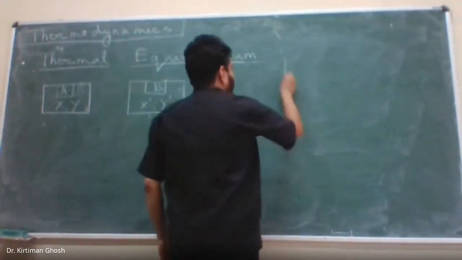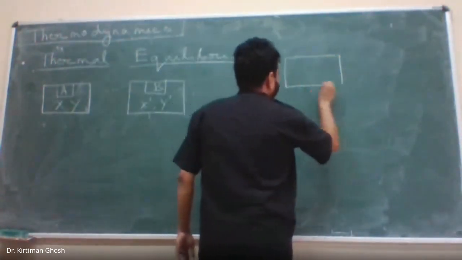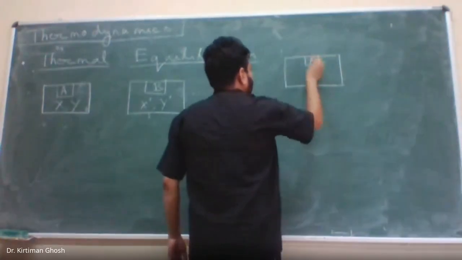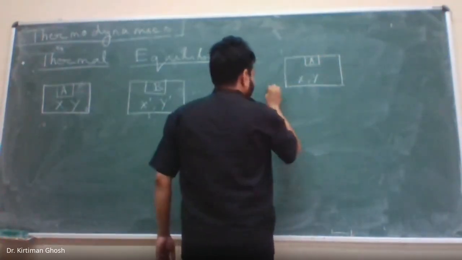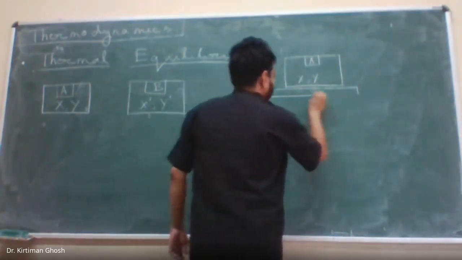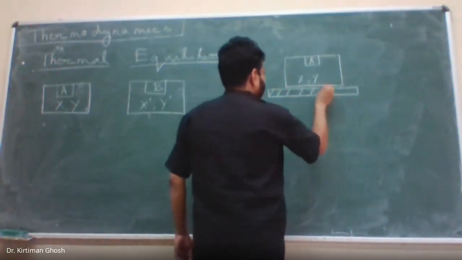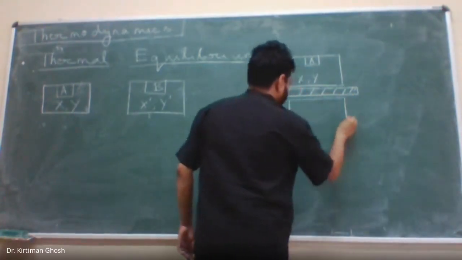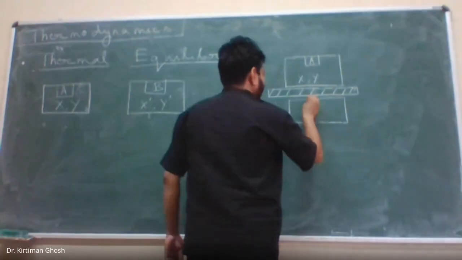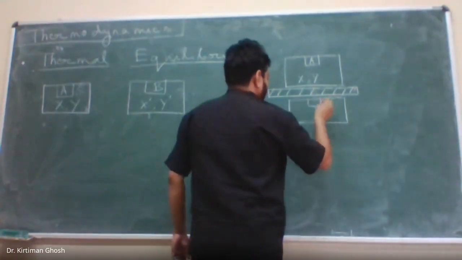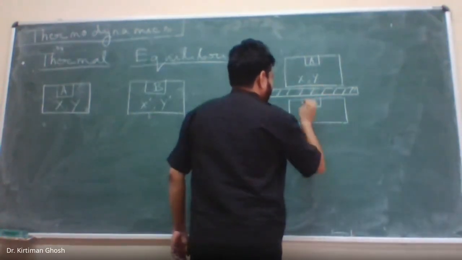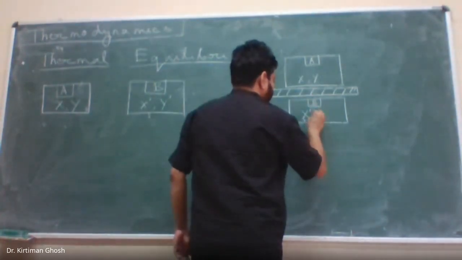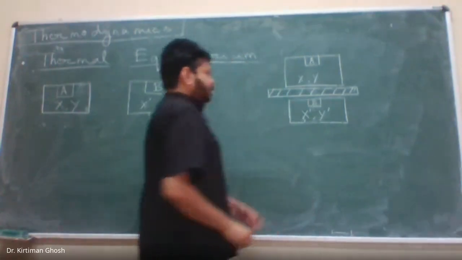We can place the system B here, or A with macroscopic variables x and y, separated by a wall, which we call a diathermic wall. Okay, so this could be one arrangement.